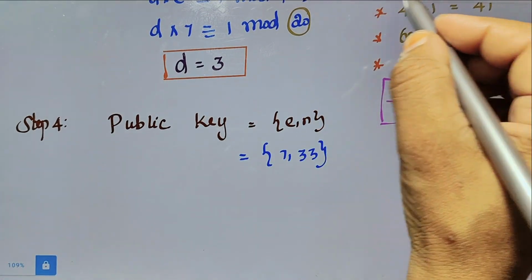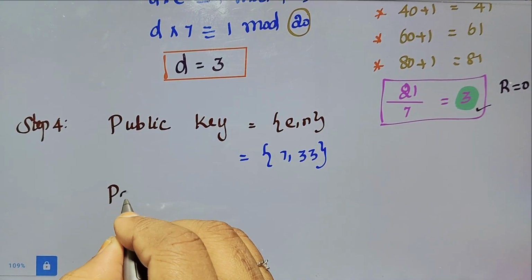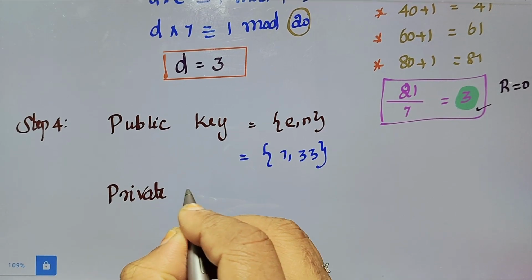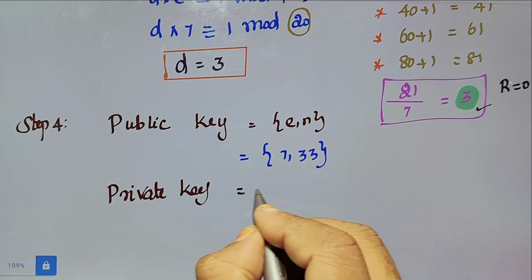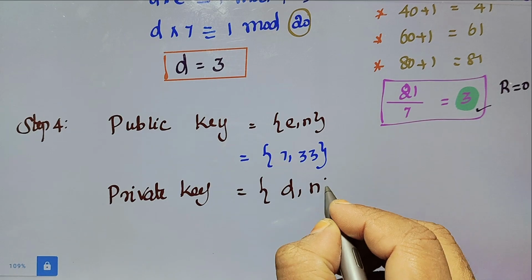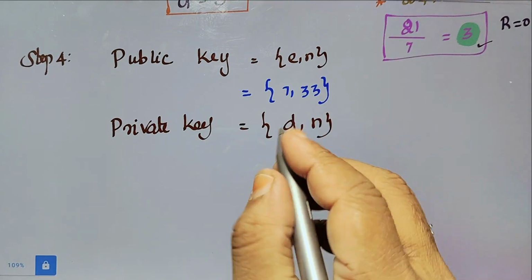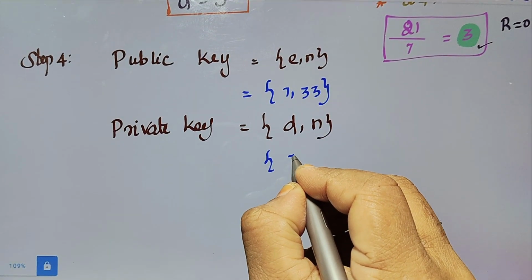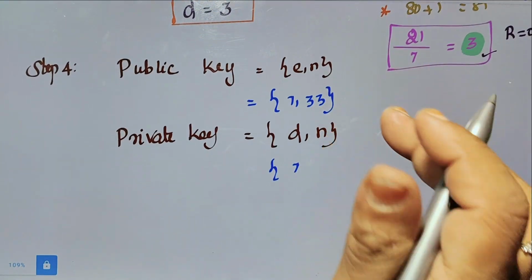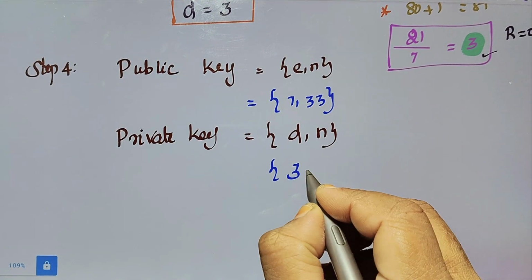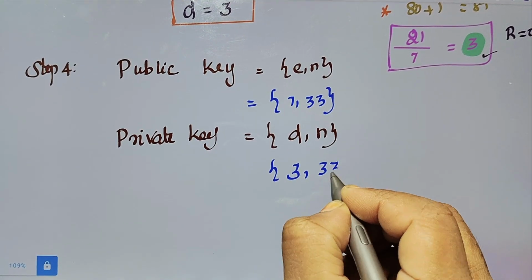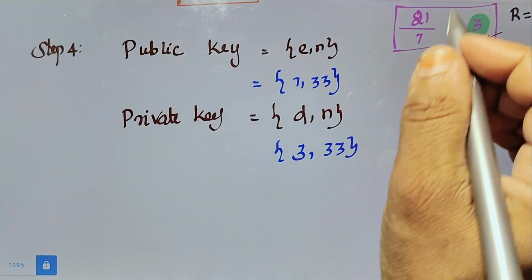Next, write private key. Private key formula D comma N. D value 3, right? Yes. 3 comma 33. Okay. Step 4 over.